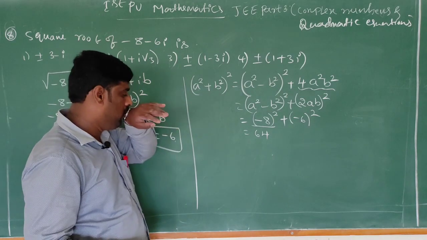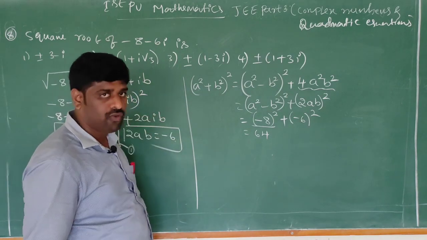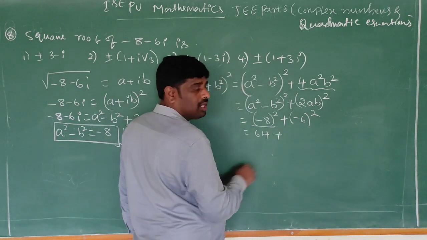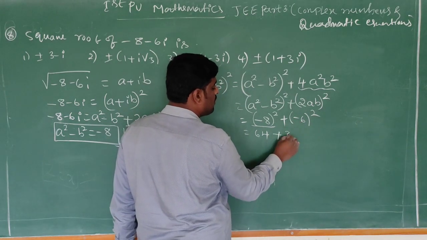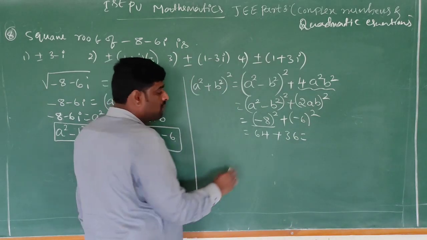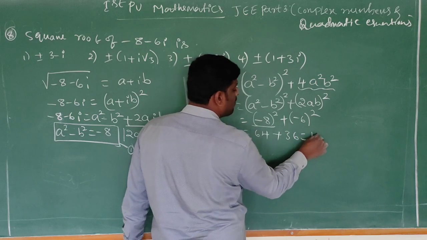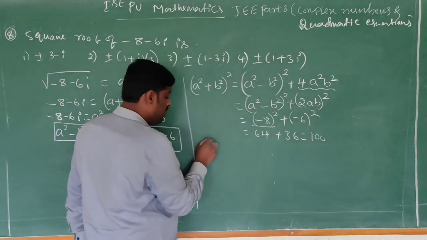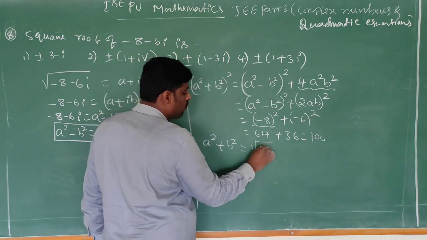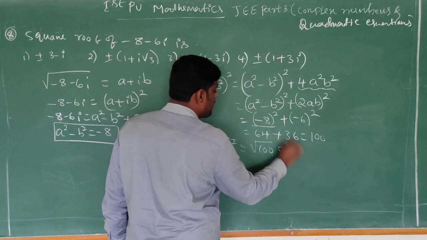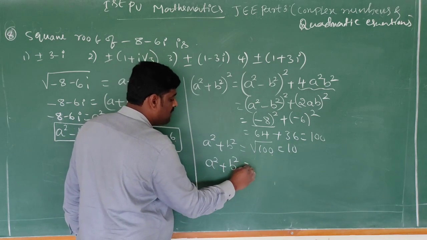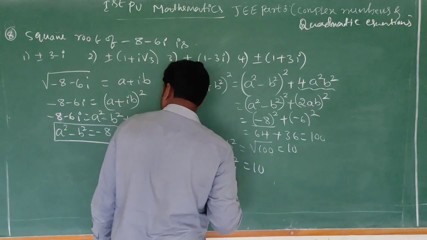Minus 6 whole square is 36. 64 plus 36 is 100. a square plus b square is equal to square root of 100, that is equal to 10.